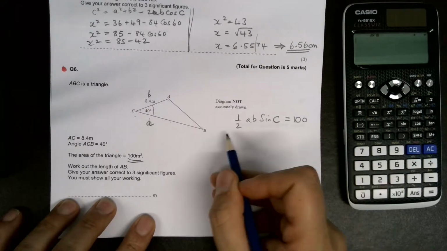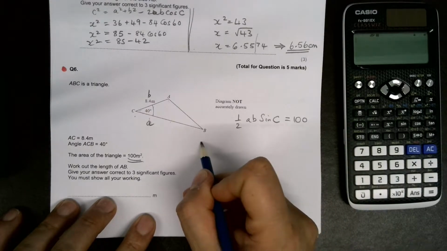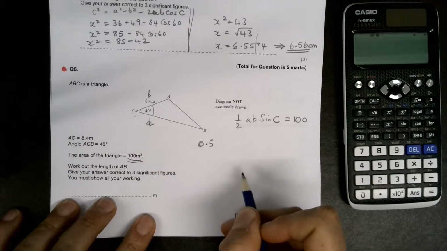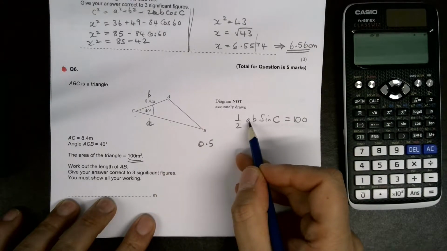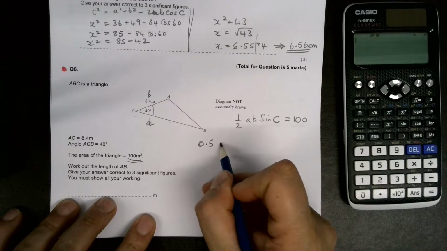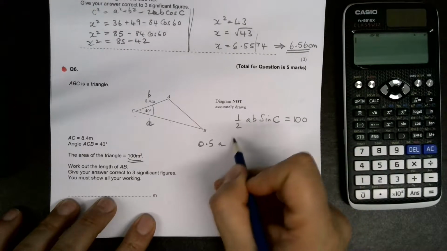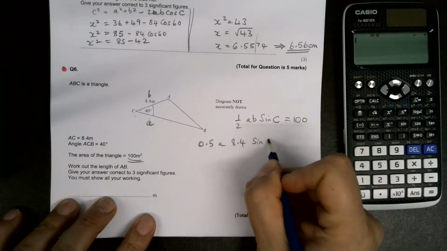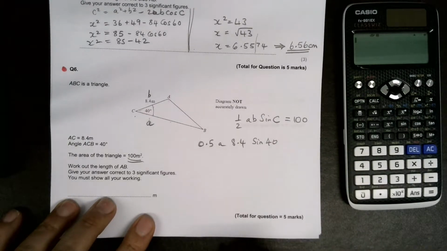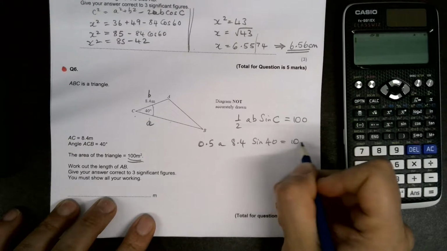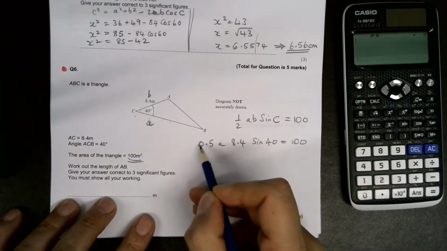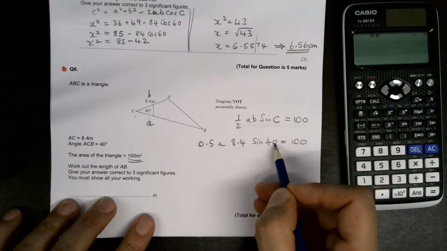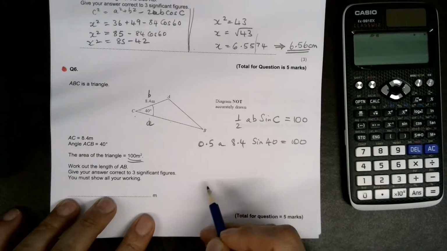So let's put in some of the numbers that we have. We have a half, so we have 0.5. We don't have A. We do have B. And we do have the sine of 40. And we do have 100. So let's work out all of these things and leave A out at the moment.